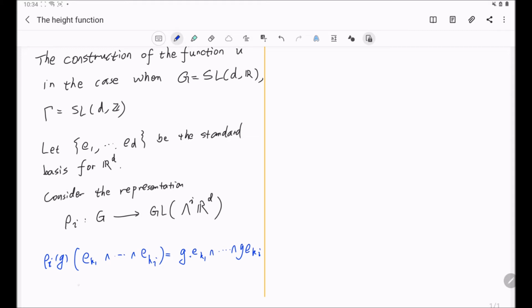So here K sub 1 through K sub I is contained in the set of 1, 2 through D.